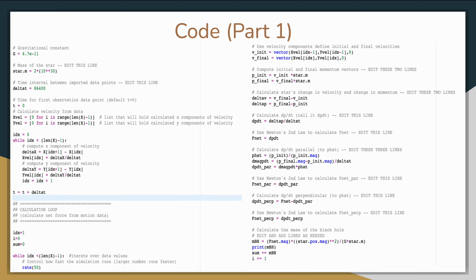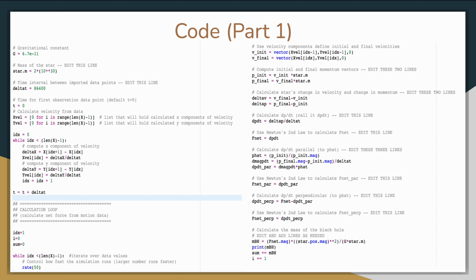For part 1 of the experiment, we had to substitute the gravitational constant, the mass of the star, and the delta t. We then find the initial and final momentum, as you can see in this code, and find the delta v and the delta p, which is delta velocity and delta momentum. Then you find dp divided by dt by dividing the delta p by delta t.